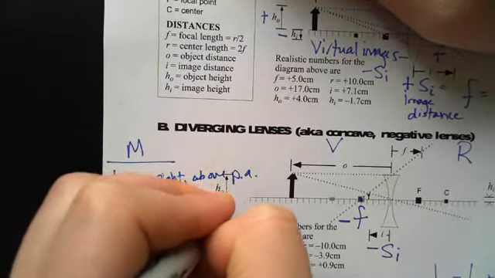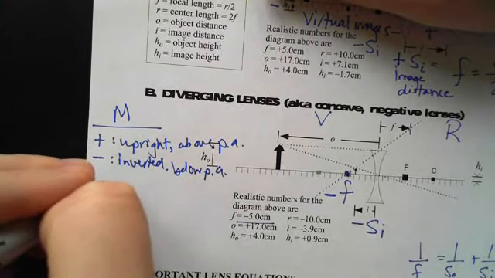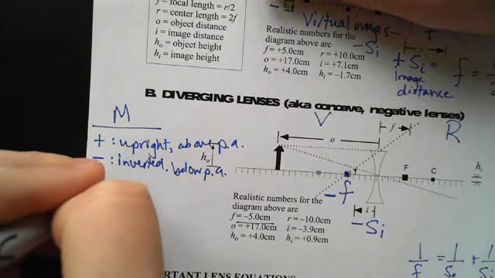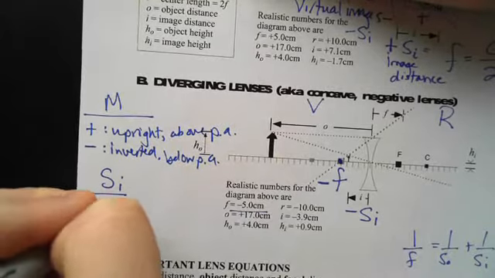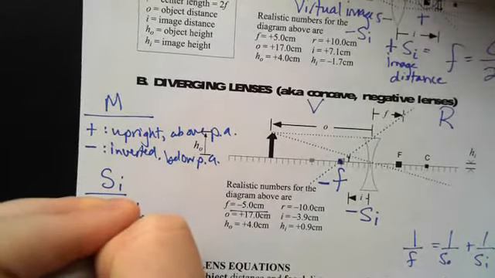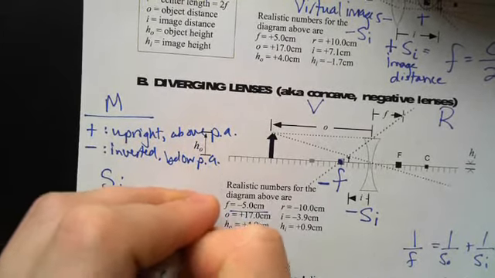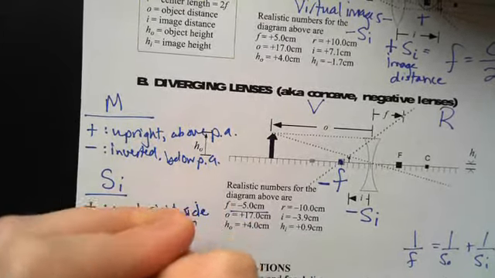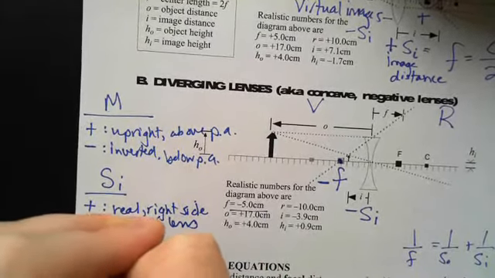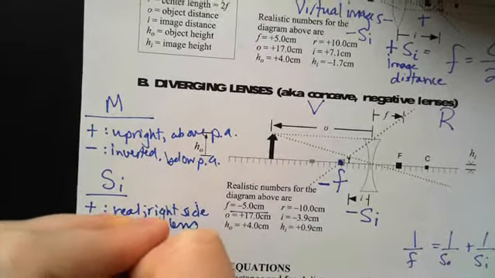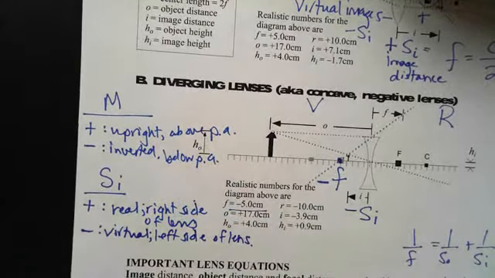In terms of your distances, say to your image, if you get a positive value, that means that it's real. And for lenses, that means that it's on the right side of the lens. If you get a negative value, that means it's virtual. So in this case, it's going to be on the left side of the lens.